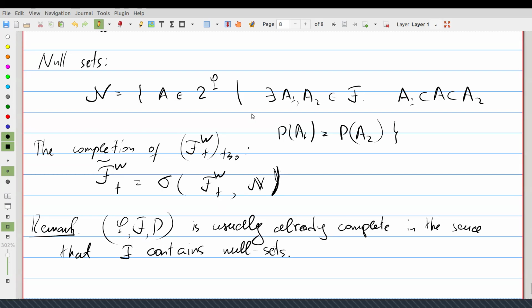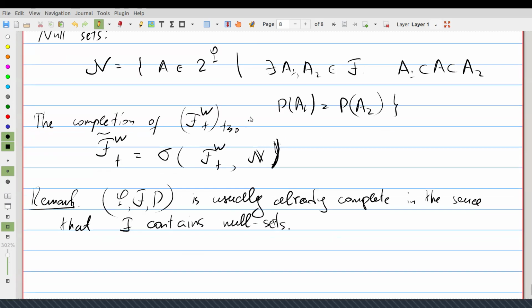It's not necessarily true, but in most cases it's tacitly assumed, because otherwise you can have a bad situation. For instance, you can consider just omega equal to [0, 1], F the set of Borel sets on [0, 1], and P just the uniform distribution.